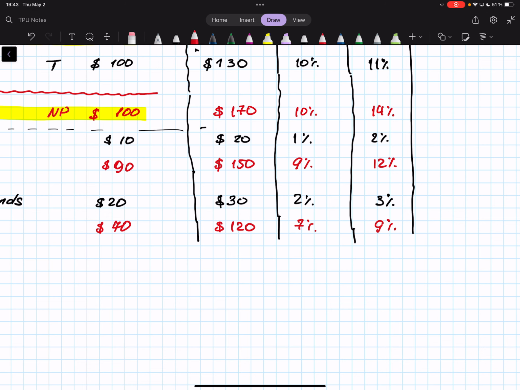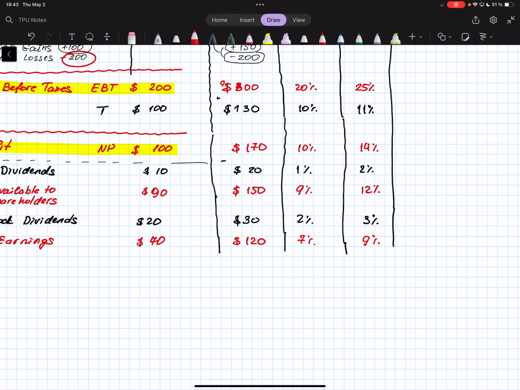Well, we can check. No, this is 10 in this case. So if this is 10%, let's round this one to 2%.